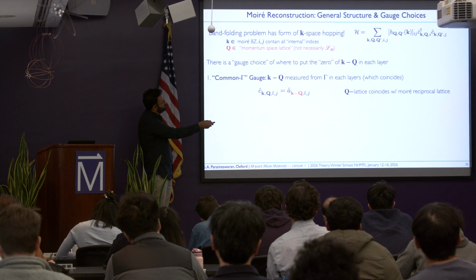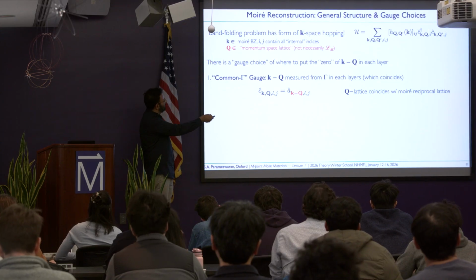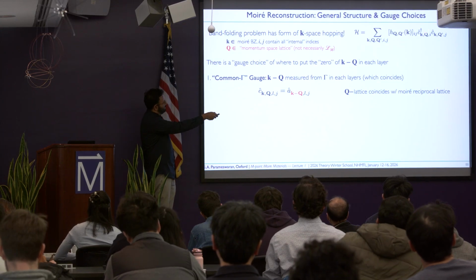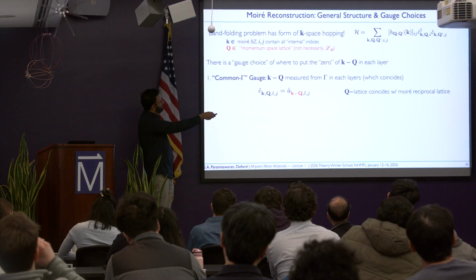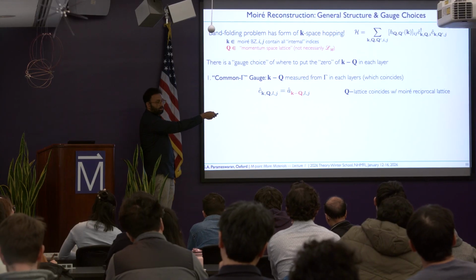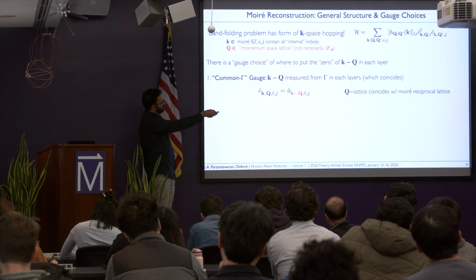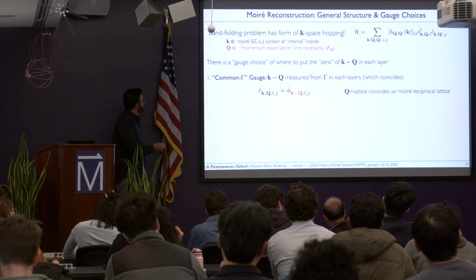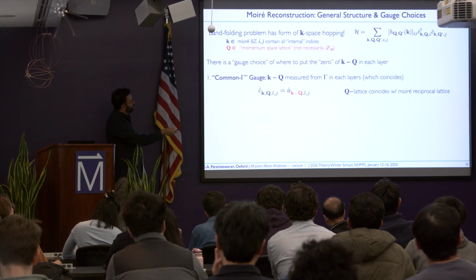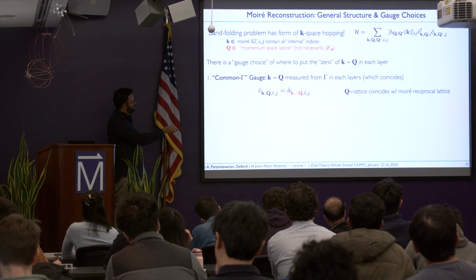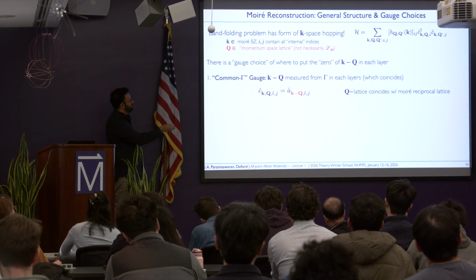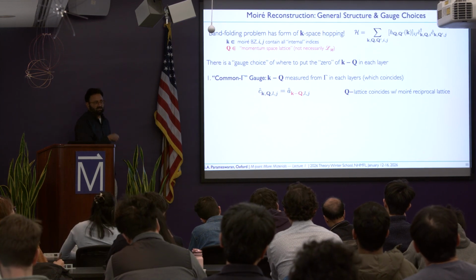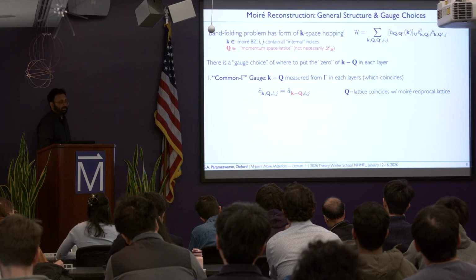Notice that I have this C_{KQ}, and this I is just some index that has all the internal indices. This C_{KQ} is basically saying something about the total momentum referred to the Brillouin zone, but then I need to take Q to map it into the original microscopic problem. And so the final momentum will be something like K minus Q. So there's a question of where to put the zero in each layer, because there's a kind of gauge choice in how I measure momentum.